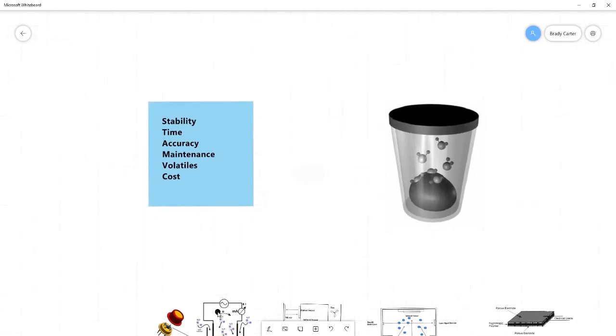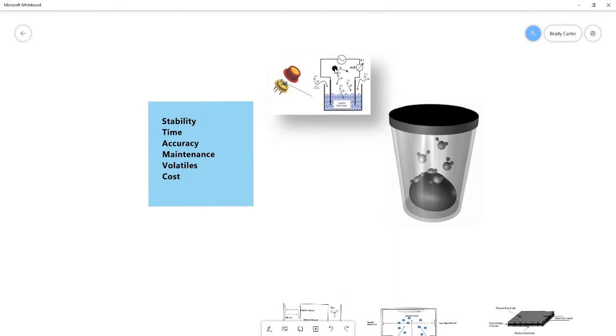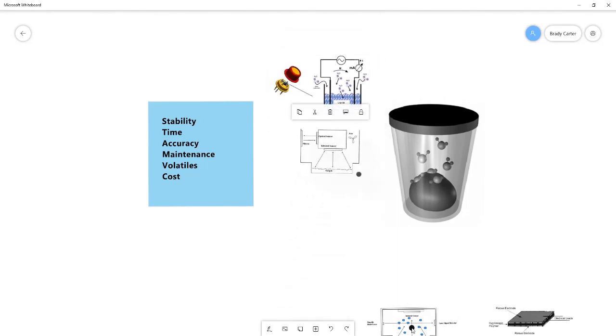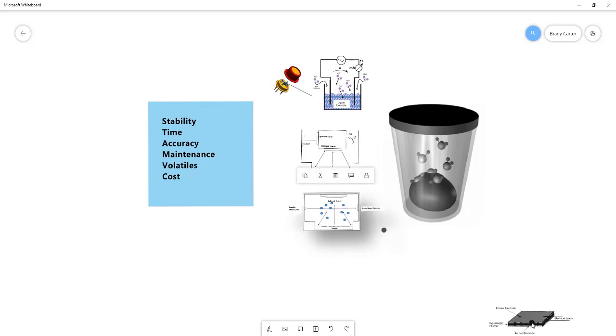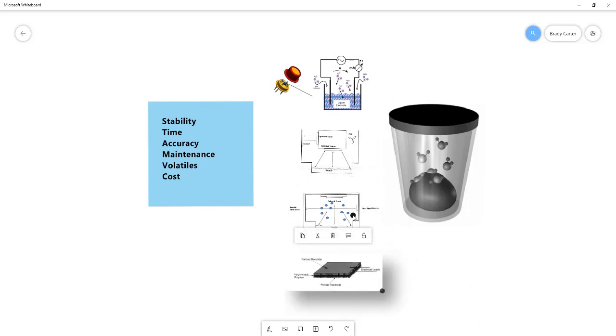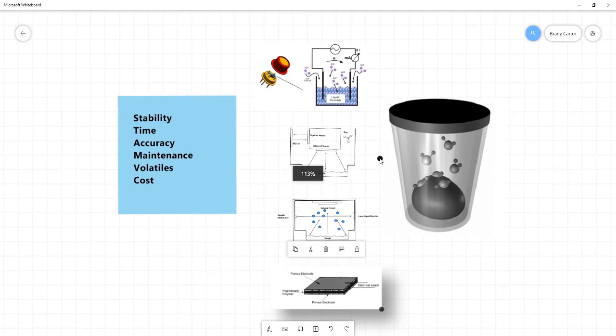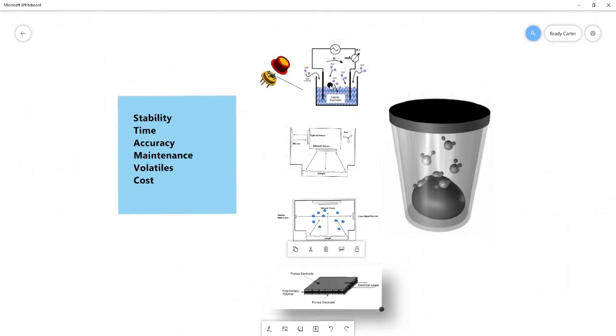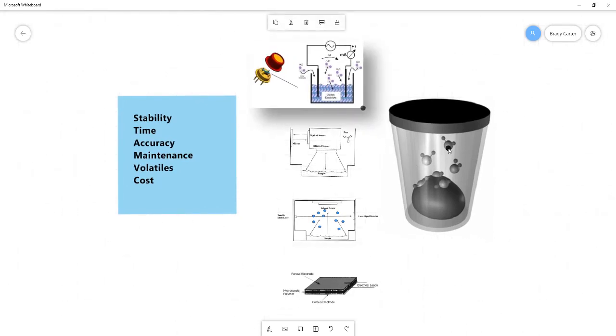So if we bring in our 4 most common methods, we have the electrolytic resistivity sensor, the dew point sensor, the tunable diode laser, and the capacitance sensor. The commonality between all these measurement methods is that they are measuring the equilibrium relative humidity inside this chamber.